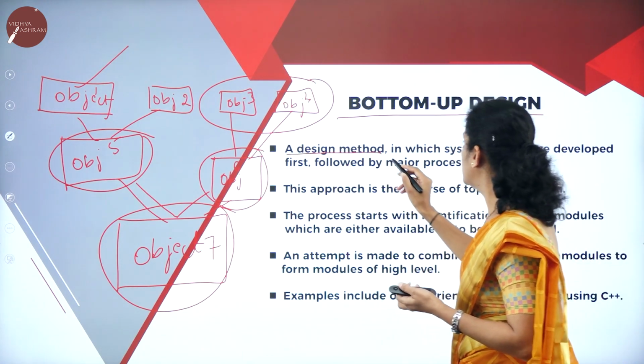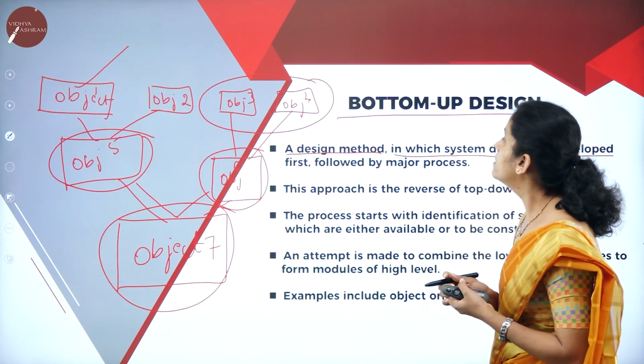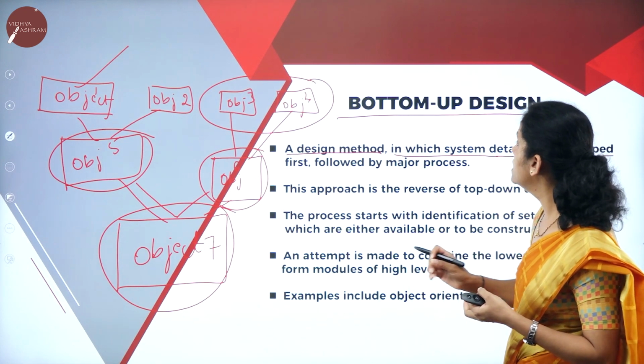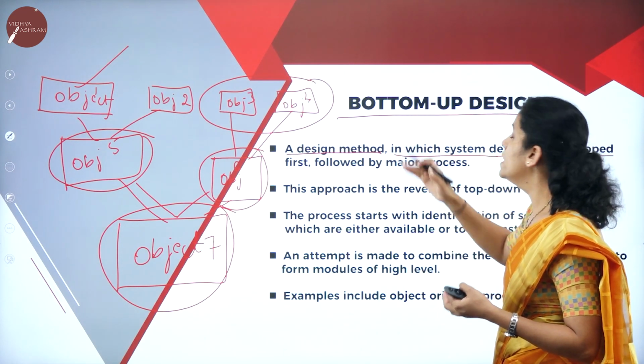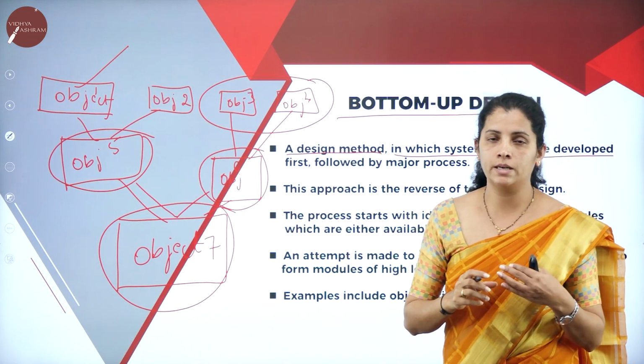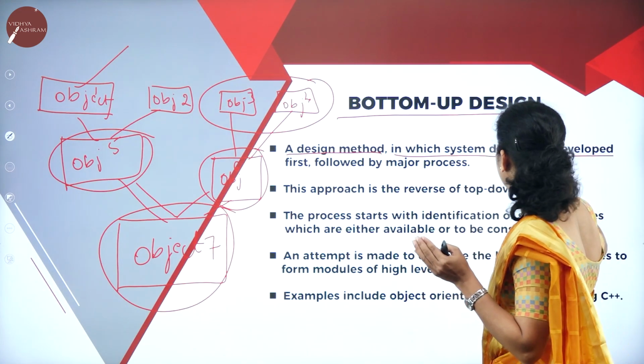A design method in which system details are developed first, followed by the major process. That means it is a design method in which the system details are developed first. That means I'm going to concentrate only on system details.